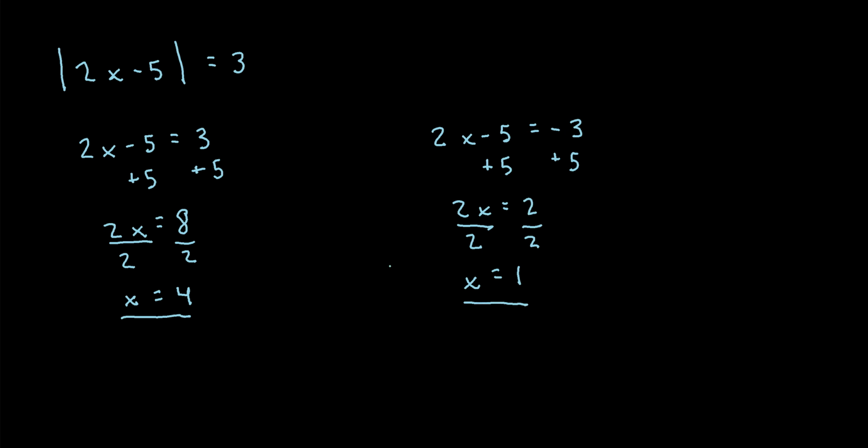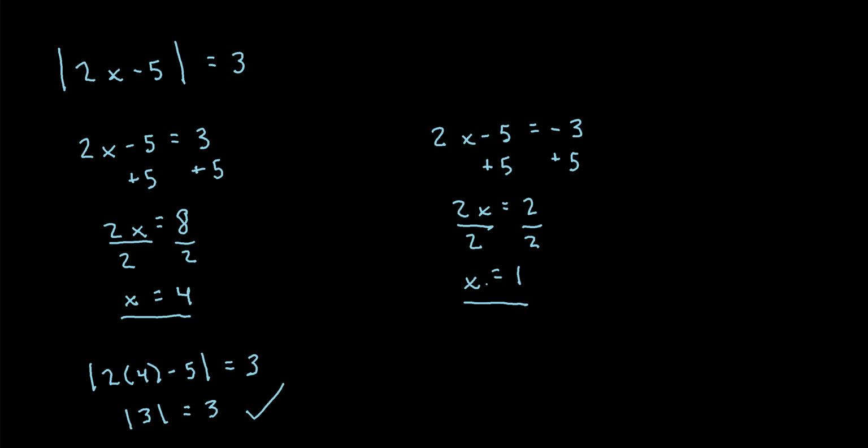If we plug in either of these numbers into this expression, it will be true. So suppose we plugged in x is equal to 4 into this expression. We would have the absolute value of 2 times 4 minus 5 is equal to 3. So 2 times 4 is 8. 8 minus 5, the absolute value of 3 is equal to 3. So that is correct.